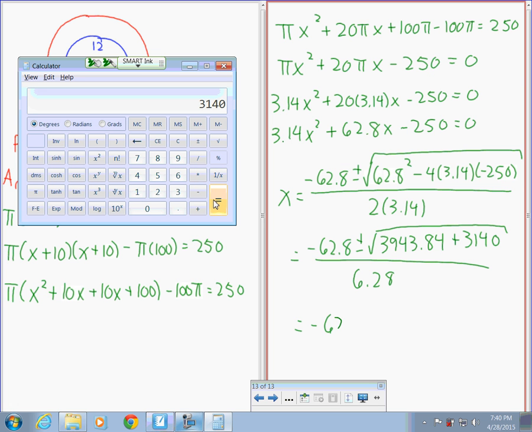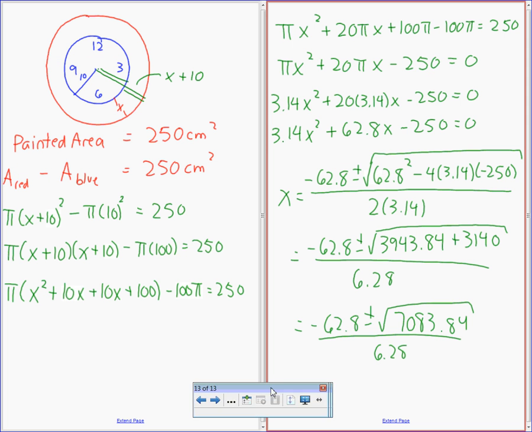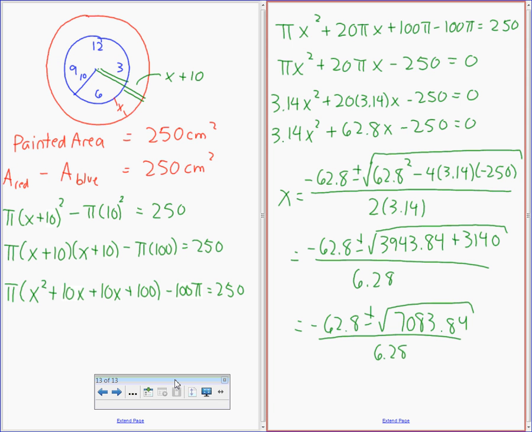So that equals negative 62.8 plus or minus the square root of, I'm not sure what it is. Try again. 3943.84 plus 3140 is 7083.84, all over 6.28. I'm just going to extend the page here for a change. I want to finish this if I can.